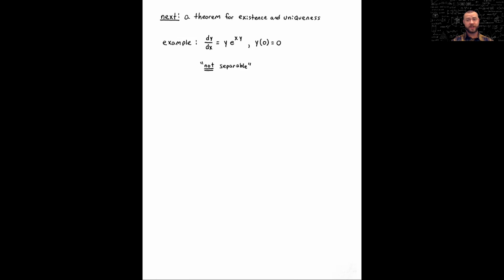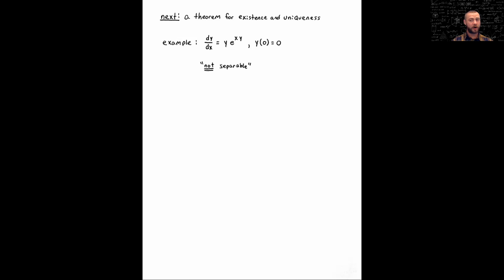All right, unfortunately, this one is not separable. So with our really one integration method for differential equations, an equation being separable, with that not being able to be used here, we're kind of stuck. Now, keep in mind, for an initial value problem, we're looking for a function that solves the differential equation as well as satisfying the initial condition.